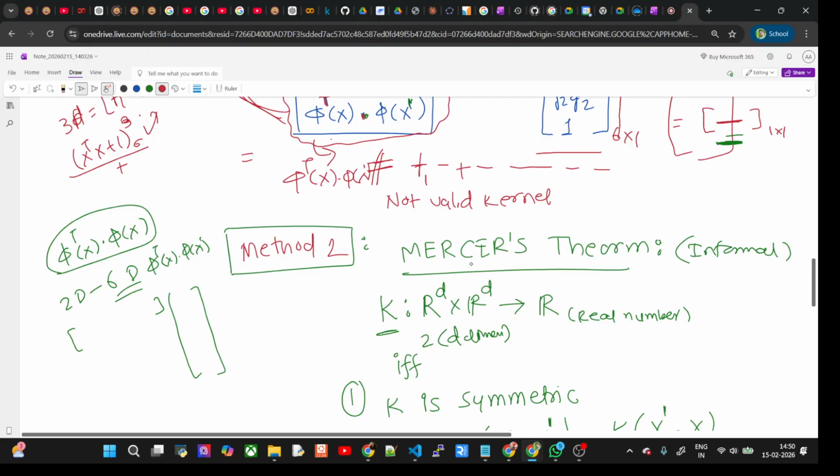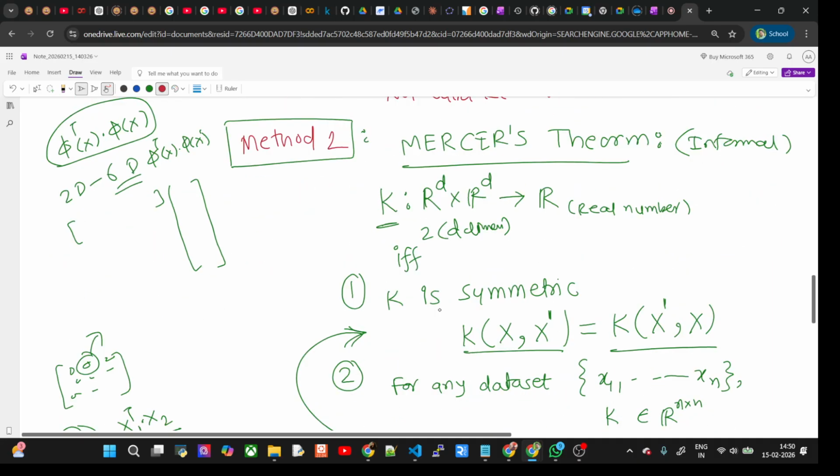We are not going deep into that, we just mention the points we need to take care of. As per Mercer's theorem, point number 1: the kernel taking 2D dimension data gives you a final real number, and the kernel is symmetric. What is the next point?